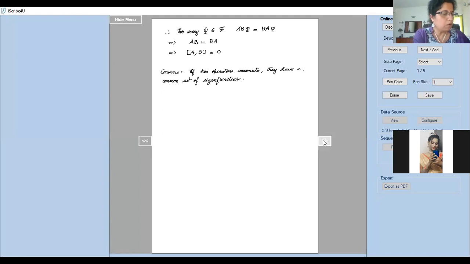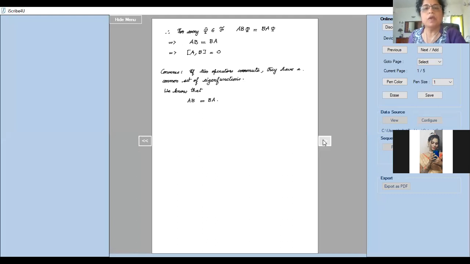So the way we go about it is like this. In this, what do we know? We know that AB is equal to BA.